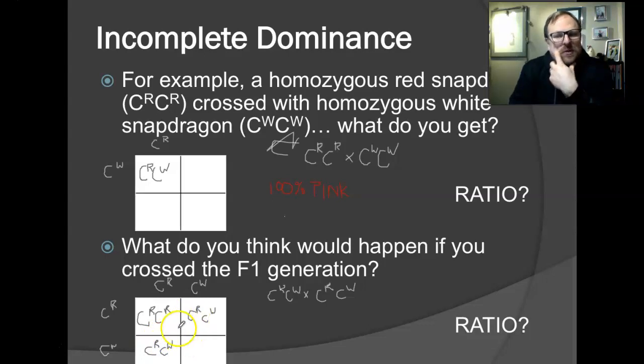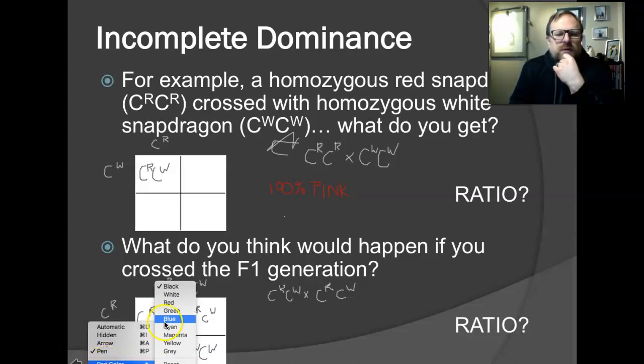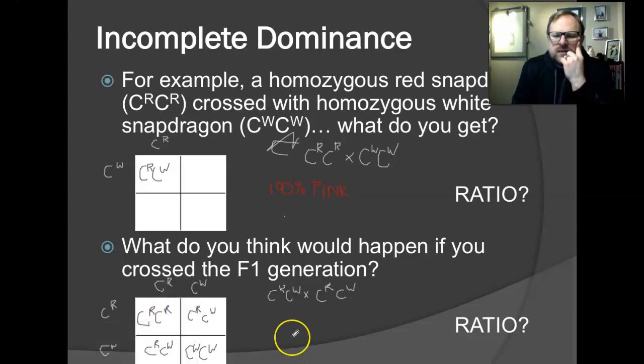If I put CR, CW here, I'll put the R first in this next one. And then CW, CW again. And so we end up with some interesting phenotypic ratios when we're done here, because that's what the question's asking us for. So we're going to have one red individual for every two pink individuals, right? Because there's two pink individuals, one here and one here, for every one white individual. Okay?